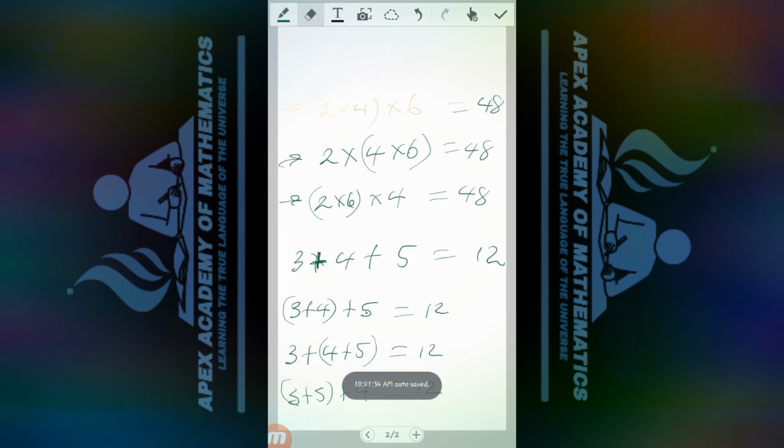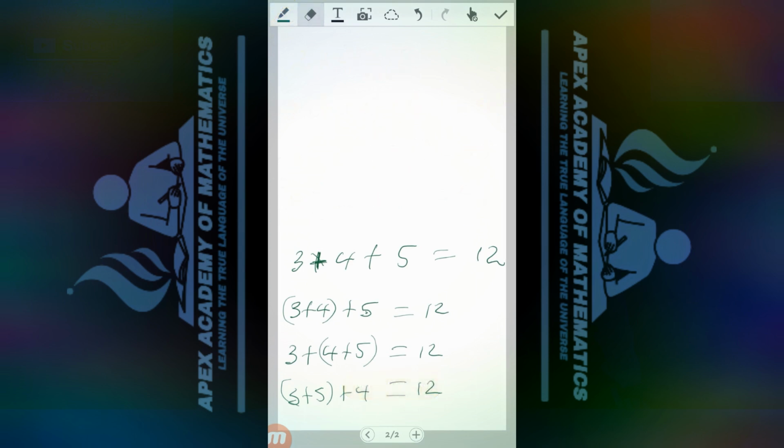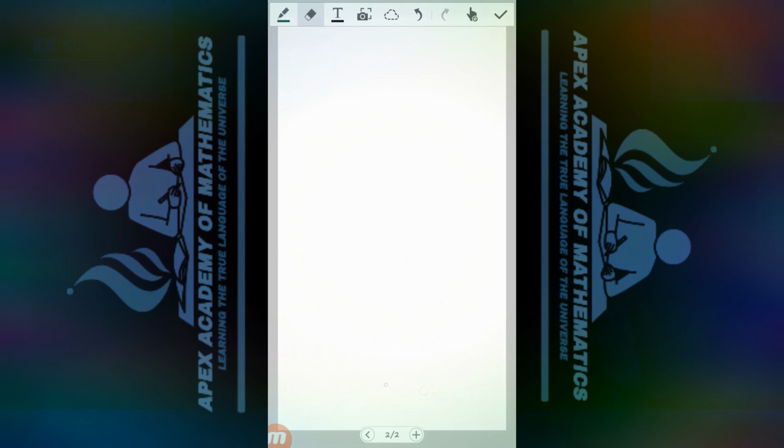So let's look at why it does not govern division and subtraction. Say here that I have 2 minus 3 minus 5. If I say 2 minus, and I associate the 3 and the minus 5, it will not give you the same result as if you say 2 minus 3 and then minus the 5.